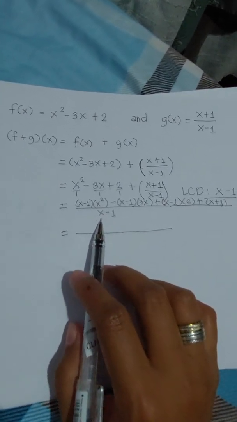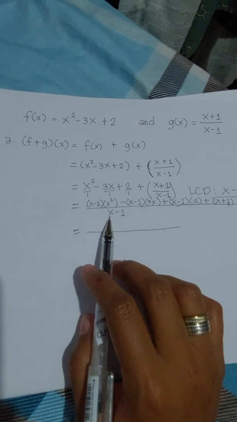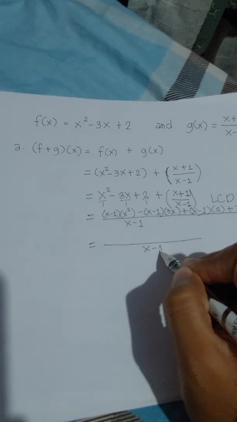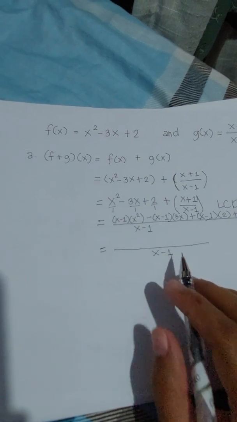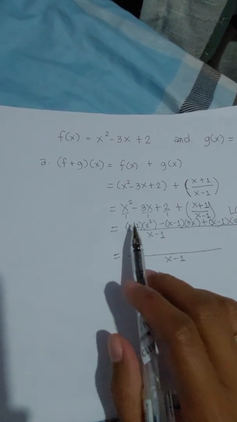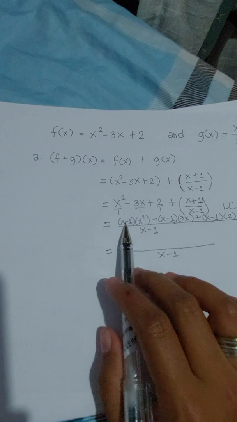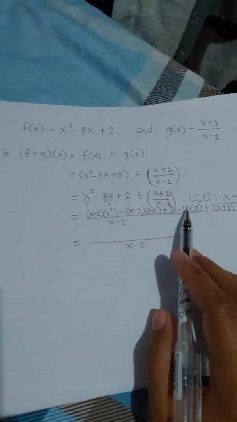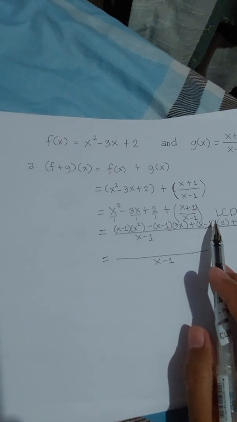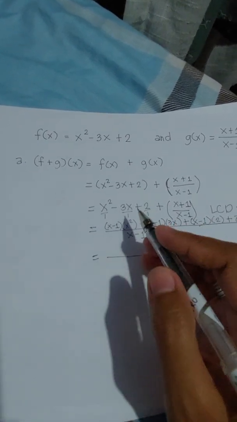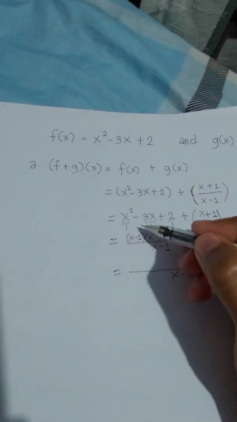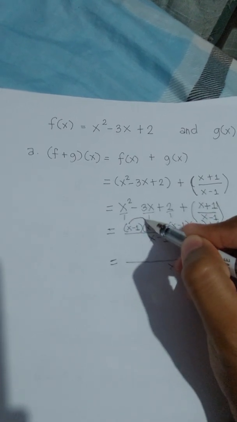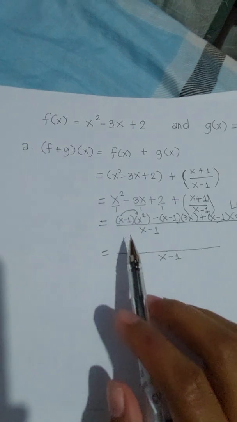Remember, so you won't forget the denominator x minus 1, always write it first. Okay? So, let's go back here since we still have parentheses above. That means we need to multiply those. Okay? So, let's start with here and here.